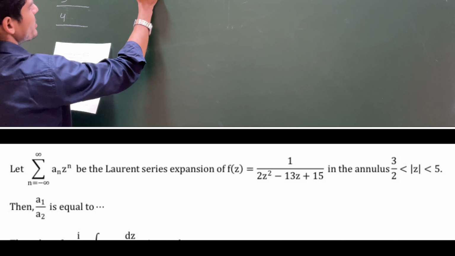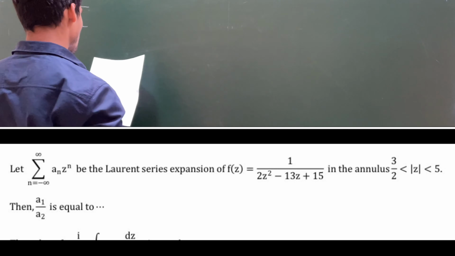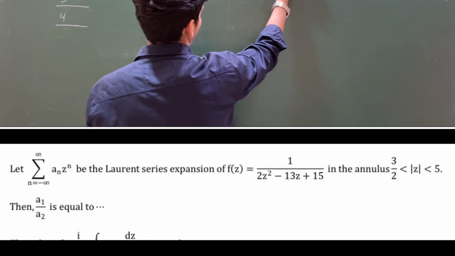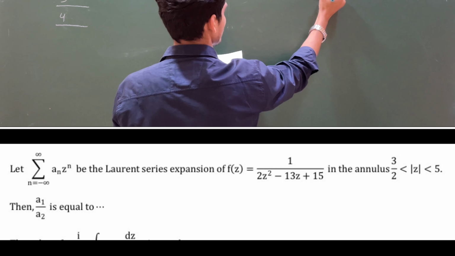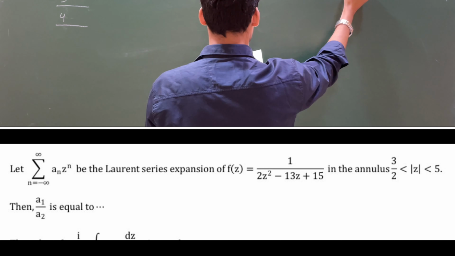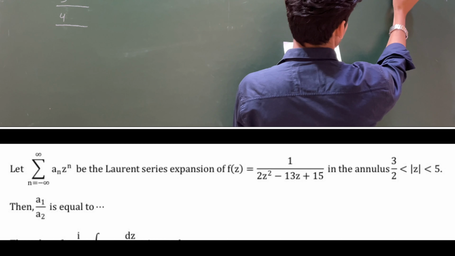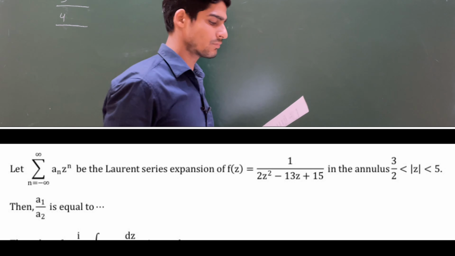Let summation n running from minus infinity to infinity, a n z power n, be the Laurent series expansion of the function f of z, 2z square minus 13z plus 15, in the annulus region 3 by 2 less than mod z less than 5.